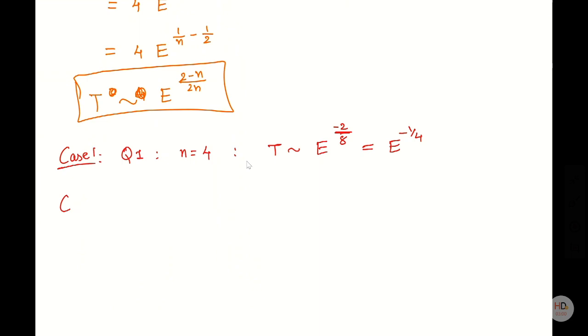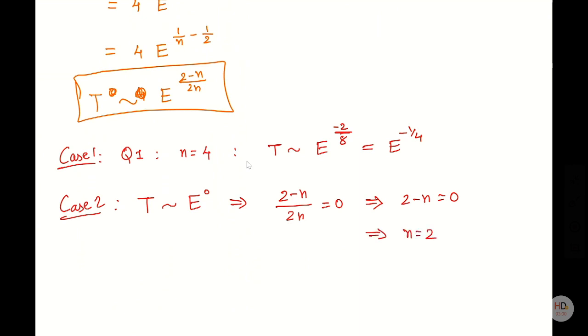Another case which we know is that if t does not depend on e, which means it's proportional to e to the power 0, it means 2 minus n upon 2n is equal to 0, which means n is equal to 2. So we have recovered what we learnt in our class: when n is equal to 2, the time period does not depend on the amplitude.